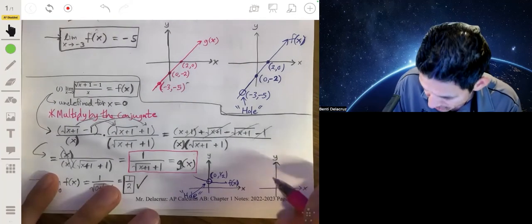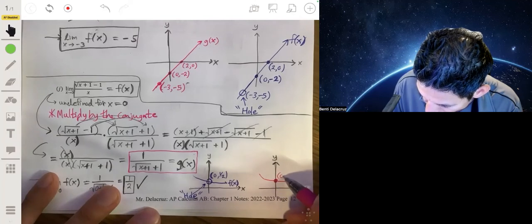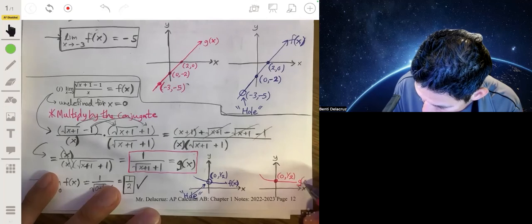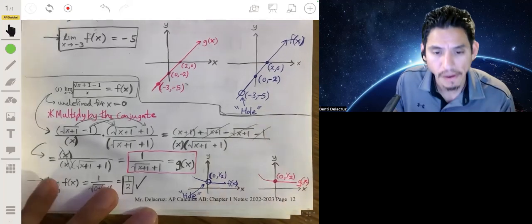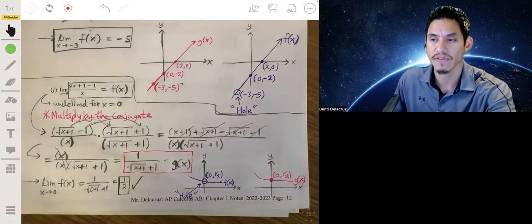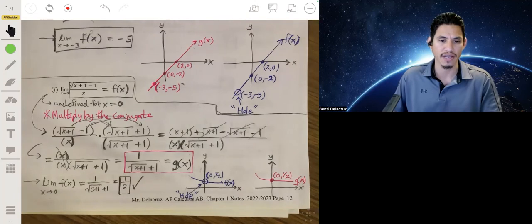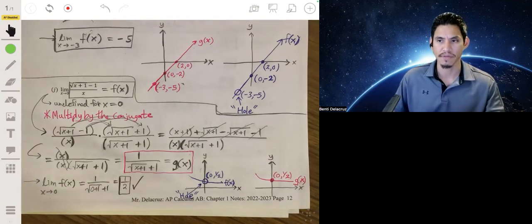G of x would be the exact same graph, except it doesn't have a hole at 0, 1/2. And if you have a graphing calculator, I would advise that you graph these, so it'll really solidify your understanding, and it's going to really make sure that you recall and remember this concept.